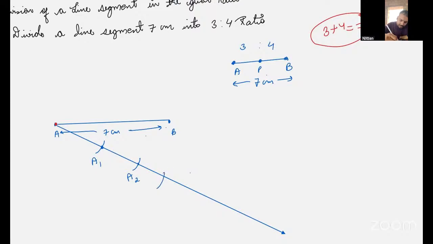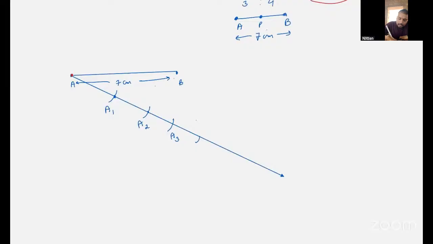It will be A3. Like this, you have to make 7 points. So A3, then A4, then A5, and then A6. If the line is becoming short, like you're not getting inside the line, then extend the line. And then A7.